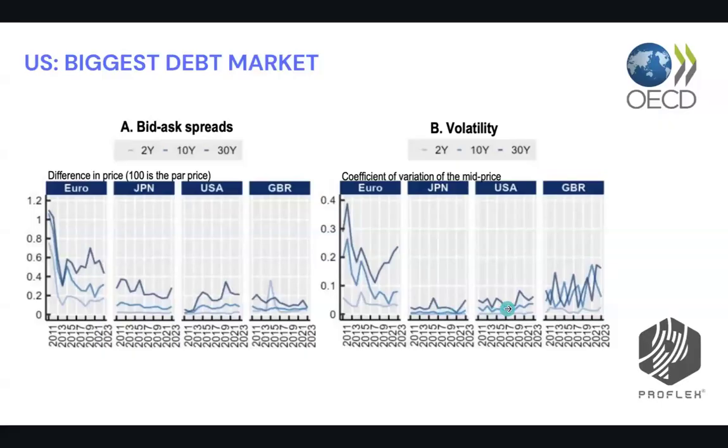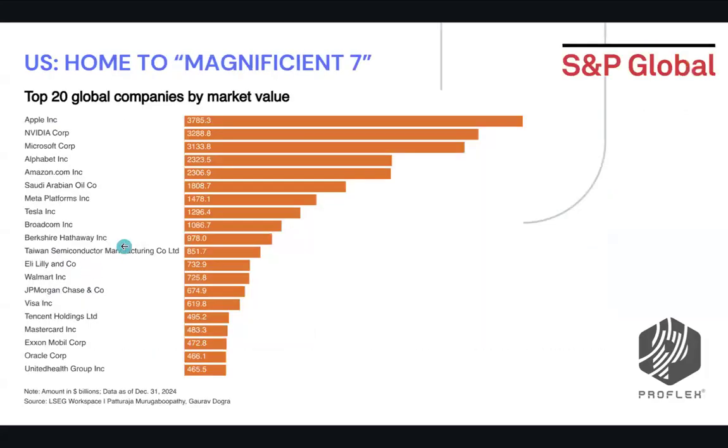I don't want to discuss the details of it, but the basic idea here is every other alternative to USD has some kind of issues going on, whether there's volatility, or not enough depth in the market when you look at the bid-ask spreads. It is not as liquid as the US debt markets.